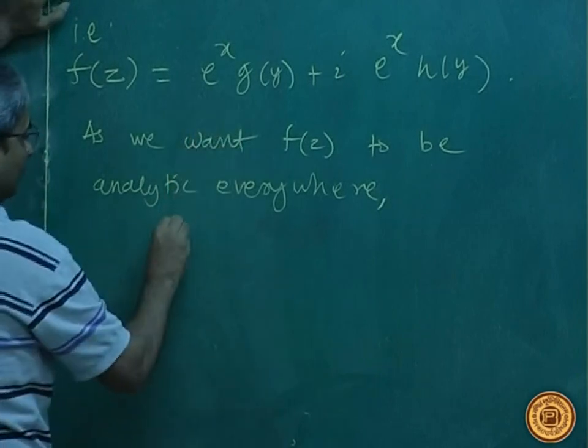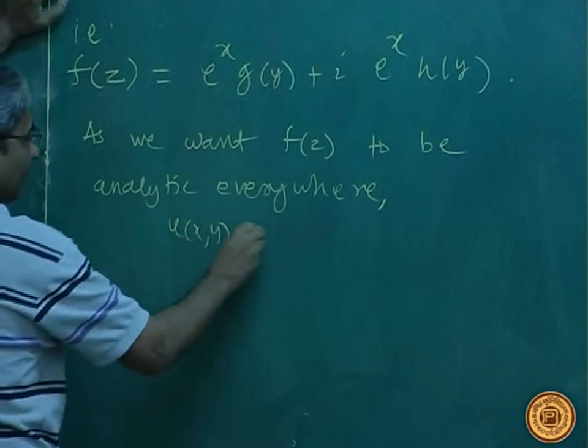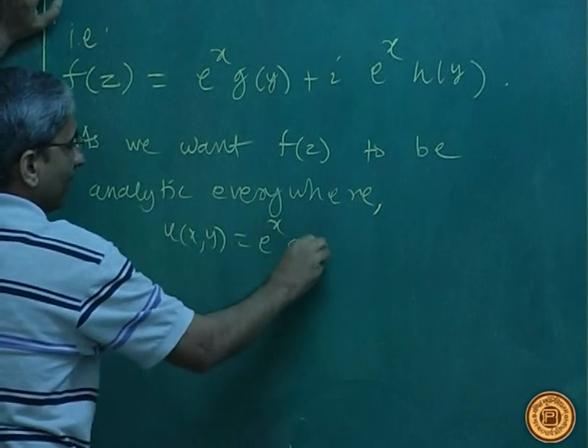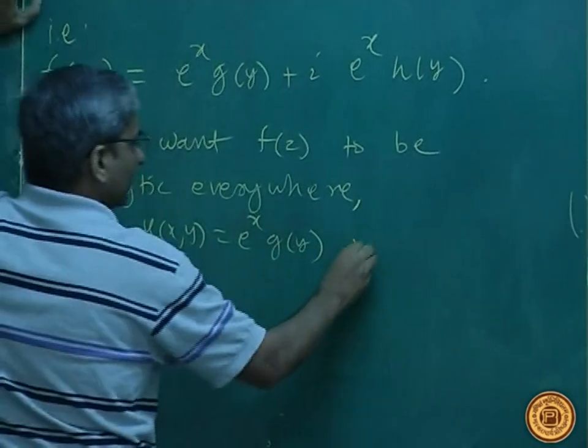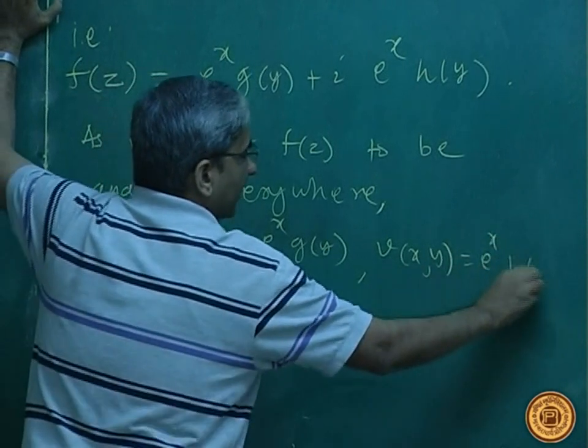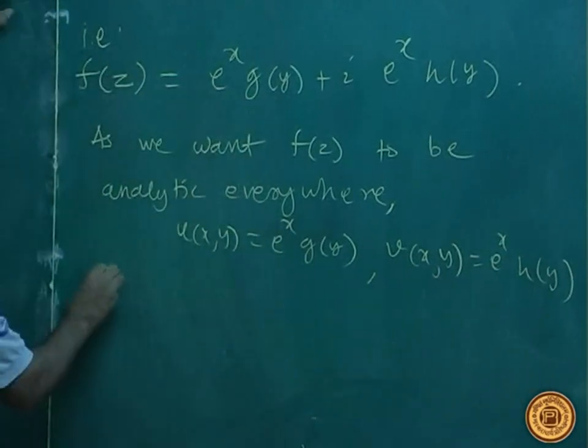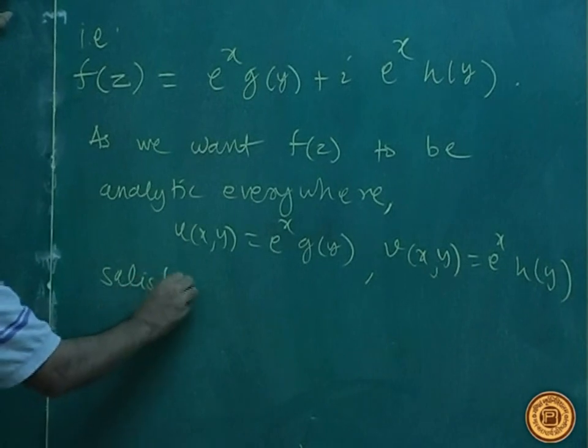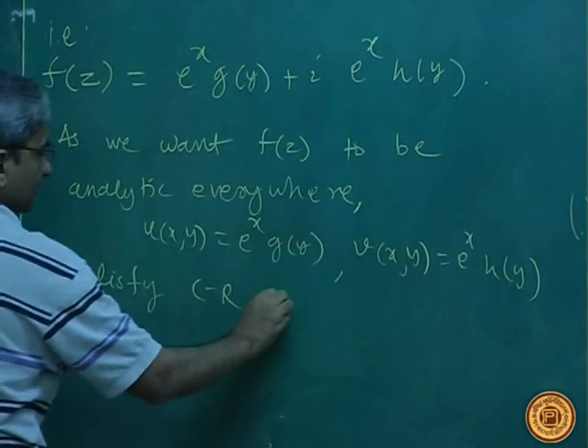This u(x,y) equal to e^x g(y) and v(x,y) equal to e^x h(y) satisfy Cauchy-Riemann equations.